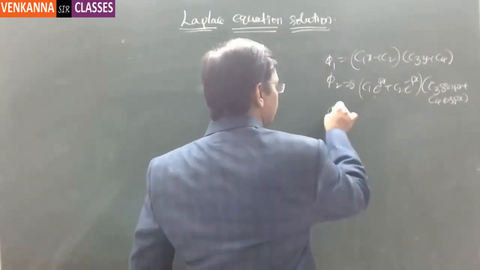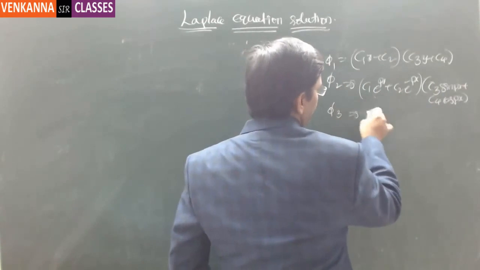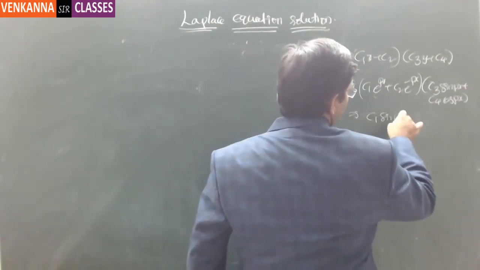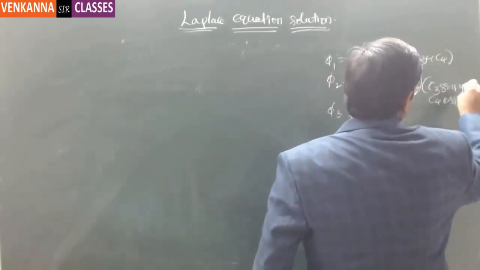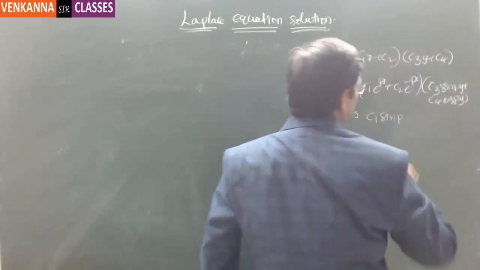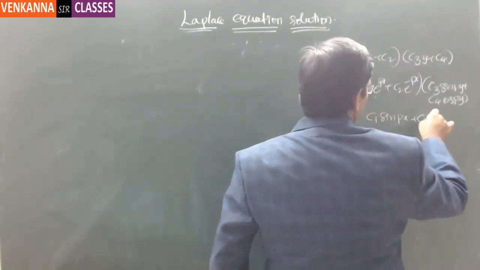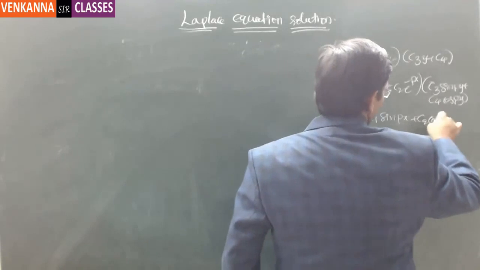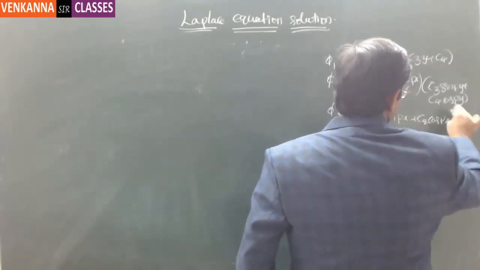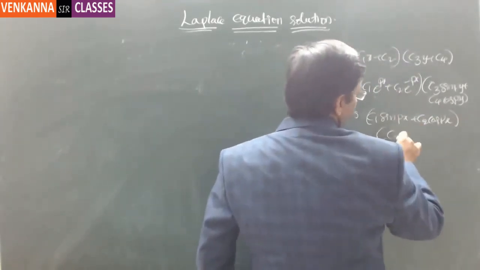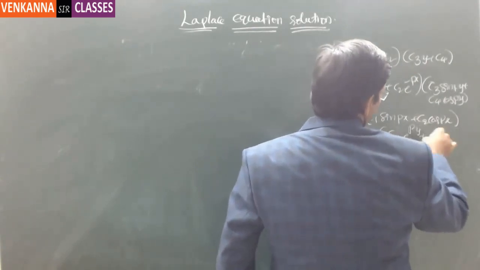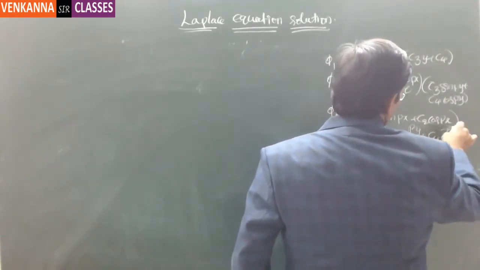And similarly, phi 3 is another solution. C1 sin px plus C2 cos px getting multiplied by C3 e power py plus C4 e power minus py.